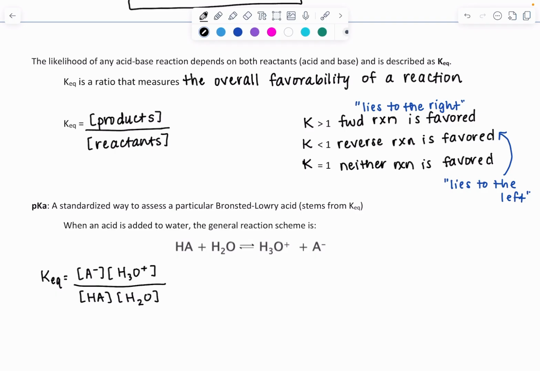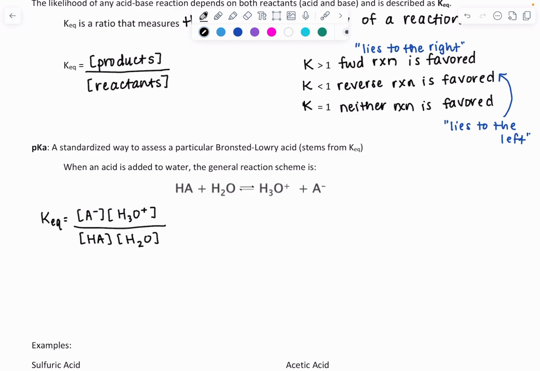But when we're talking about an acid in solution, the concentration of H2O is so large that we remove it from that equation because it would change a negligible amount. So we have Ka. This is the acidity constant. This is concentration of products, both ions, divided by concentration of the acid. So we just have removed the H2O.